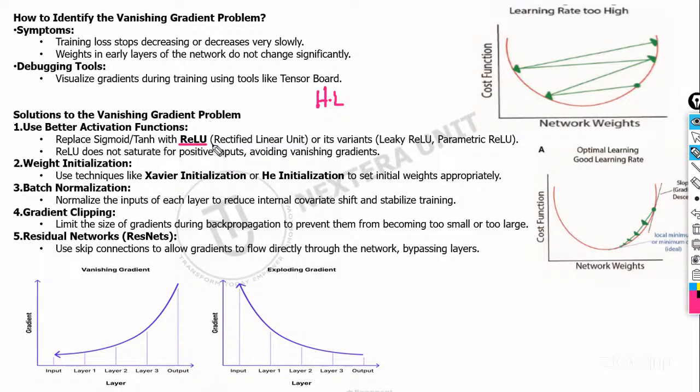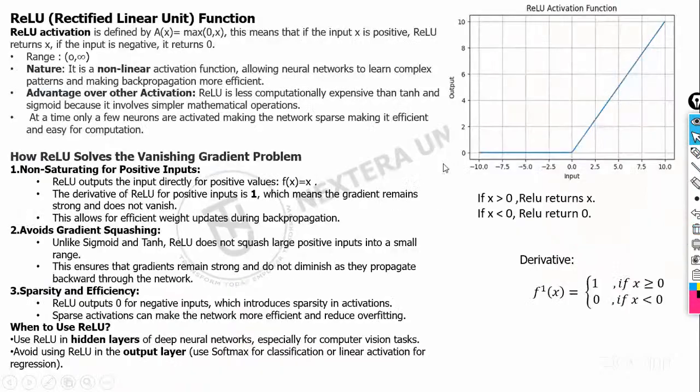So let us go and understand what is this ReLU, rectified linear unit. Okay, so this is what ReLU means. You see, ReLU is given with a formula. So the formula says f of x is equal to max of 0 comma x.